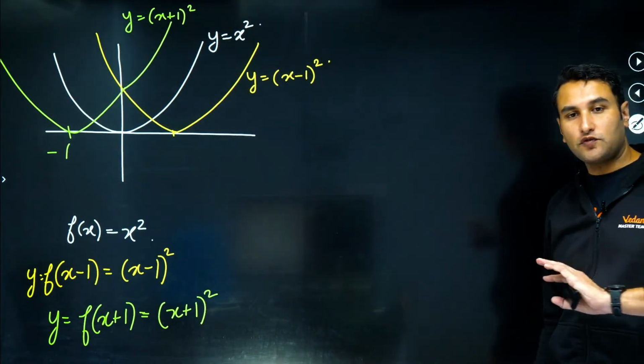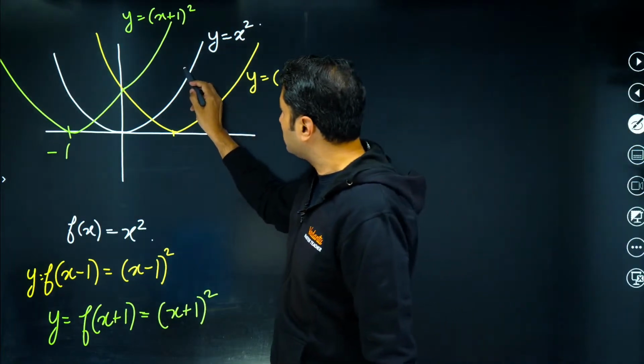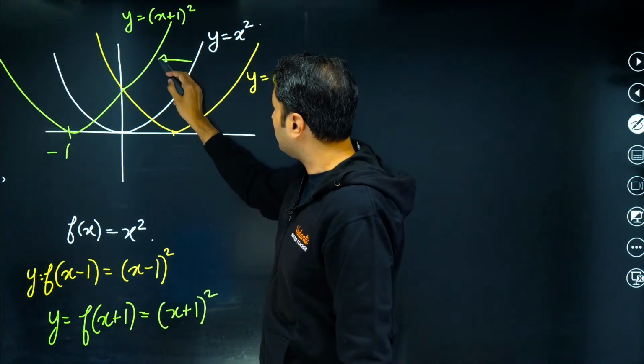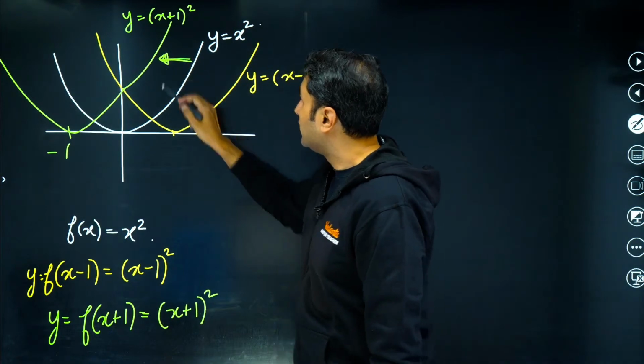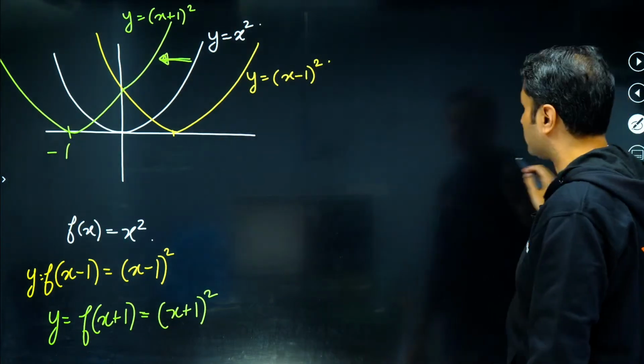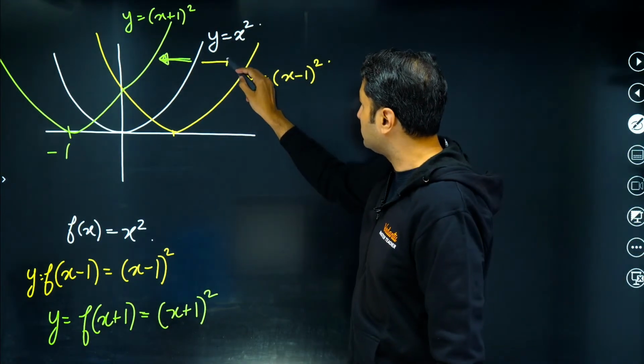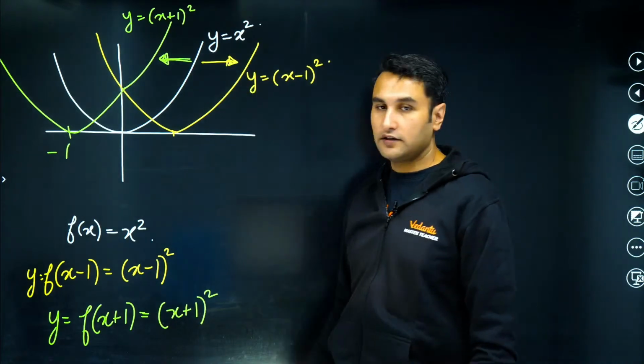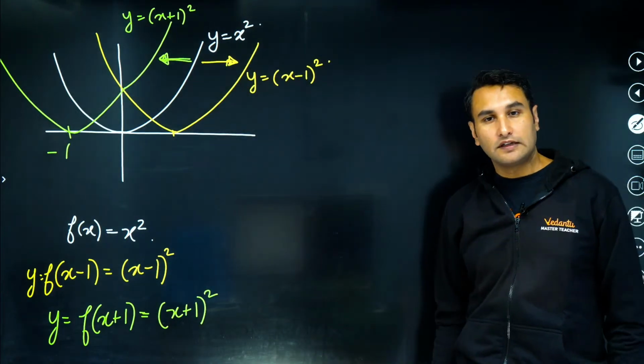Cool? X plus 1, shift towards the left hand side, and x minus 1, shift towards the right hand side. Got it? Clear?